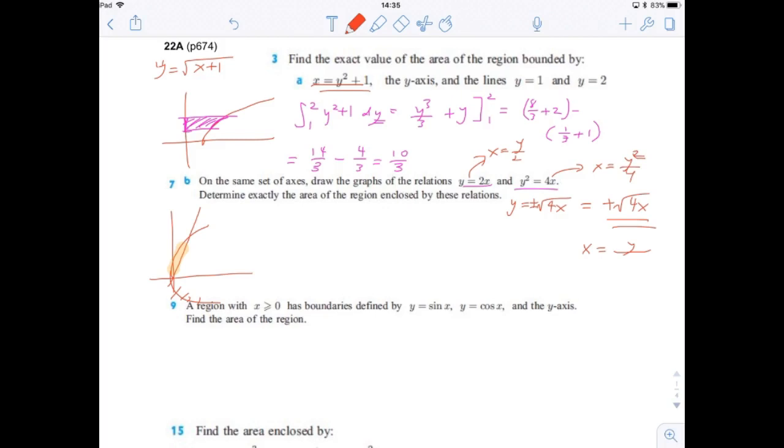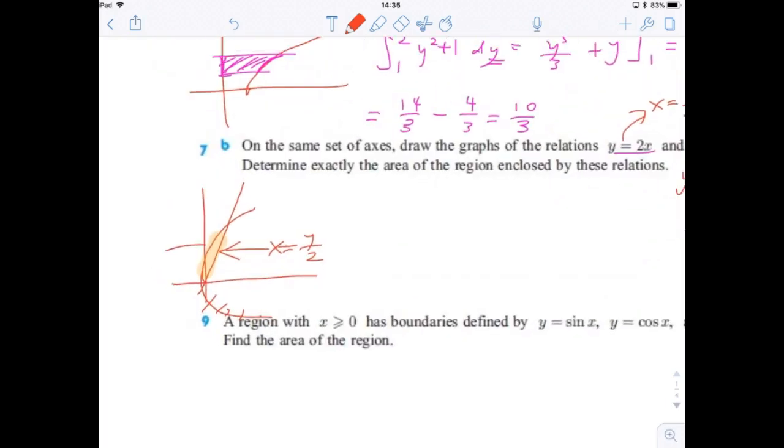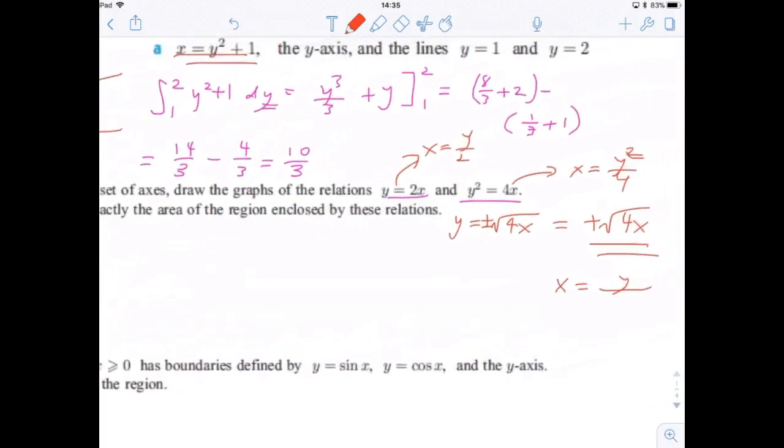Okay? Now I am going to take a look at my drawing, and I'm going to label my drawing. This line here is x equals y over 2. And this line over here is x equals y squared divided by 4.